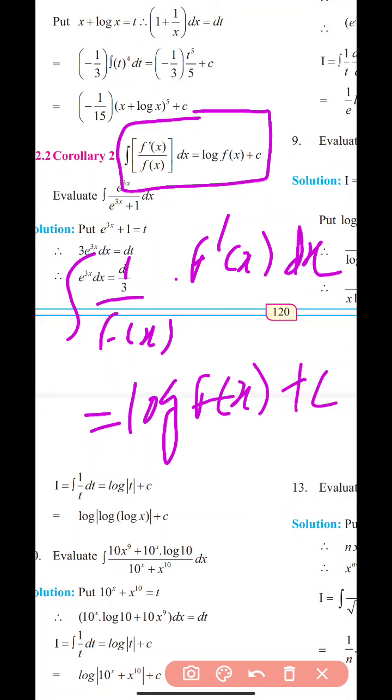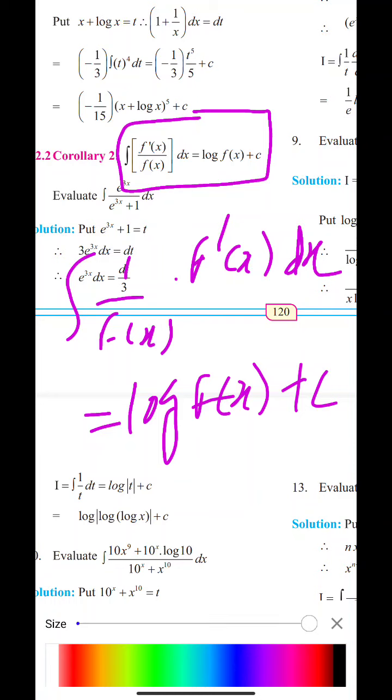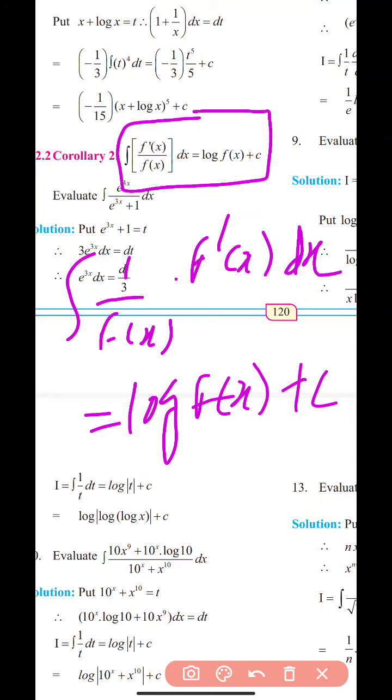Why I have simplified this is the reason. So there will be a function in the denominator. Its derivative of the same function is going to be in the numerator multiplied with dx. So what you have to do, you have to recognize which function you have to put as t.